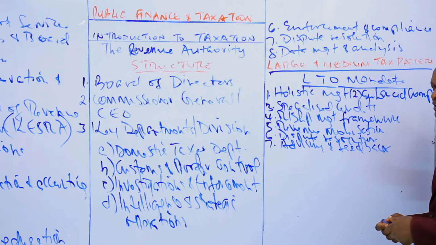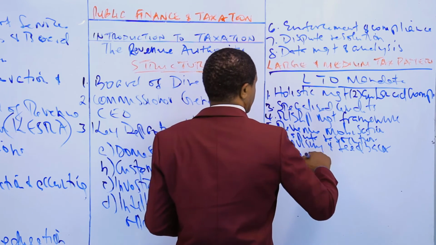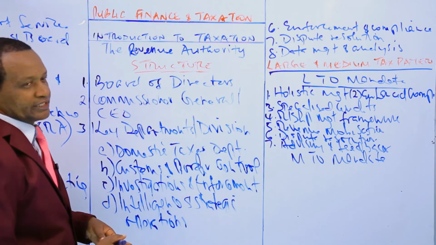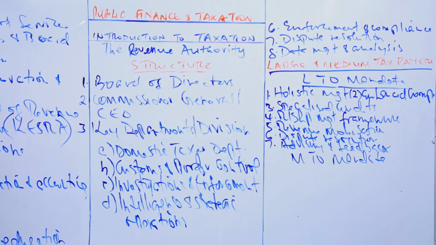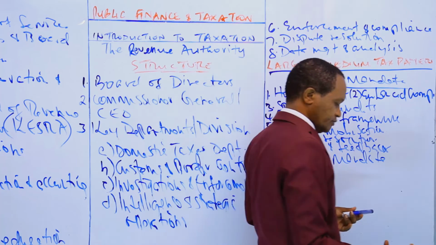Let's now discuss the MTO mandate, the Medium Taxpayers Office mandate. While the Medium Taxpayers Office may now be integrated within the LTO as a co-functional area, it has its specific mandates.